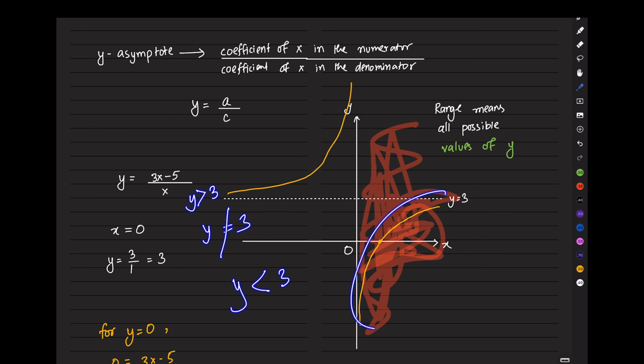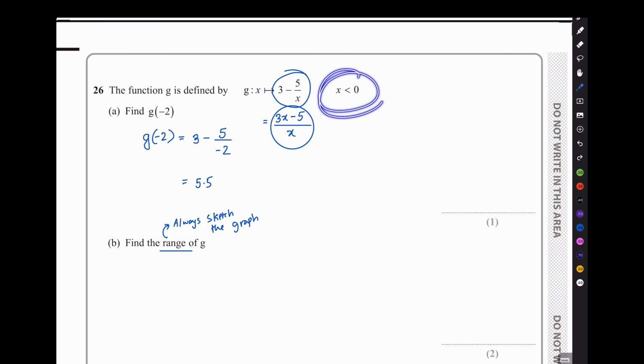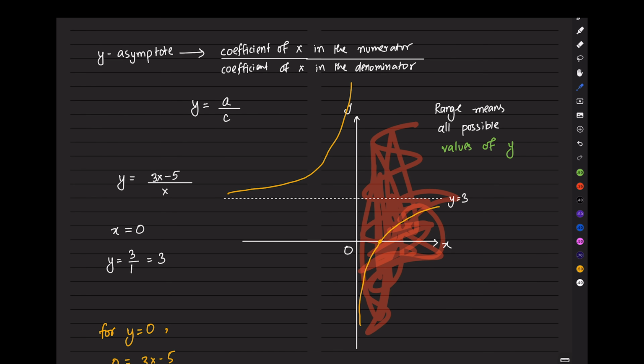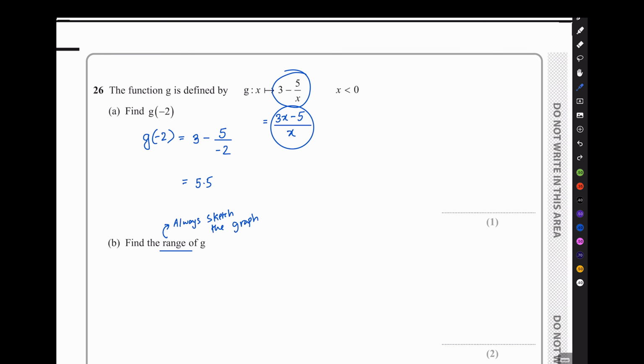If I had considered this portion, then I could have said that y can be less than 3 as well. But I'm not considering this part because the question specifically told me not to consider the x greater than 0 portion. So from this particular graph, I can reach the conclusion that the value of y is always greater than 3. That's my final answer.